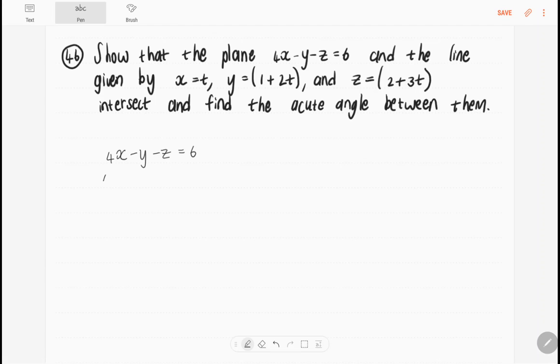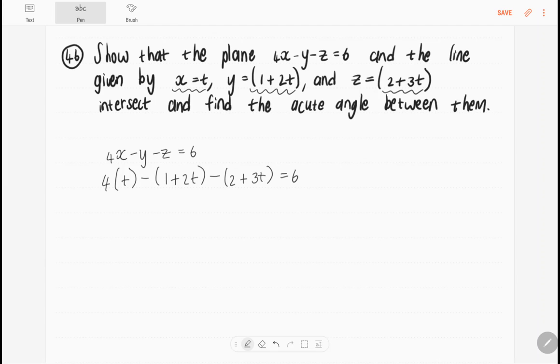So all I'm going to do is take my equation of the plane, which is 4x minus y minus z equals 6, and substitute the parametric equations of the line into this general equation of the plane. So I have 4, and then x is t, so it's going to be 4t minus y, which is 1 plus 2t, and then minus z, which is 2 plus 3t, equals 6.